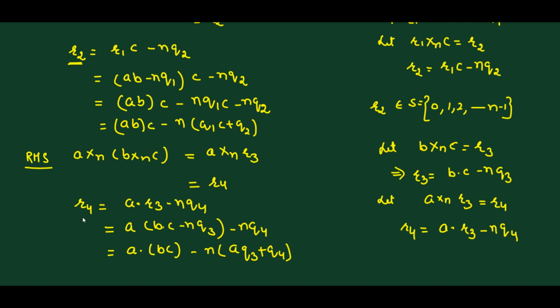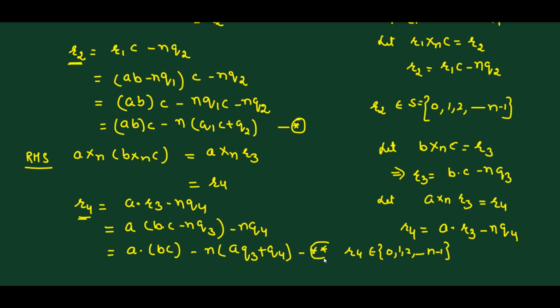So what is R4? R4 is again a remainder, so R4 again belongs to the set 0, 1, 2 up to N minus 1. In this equation, suppose this is star and this is double star.